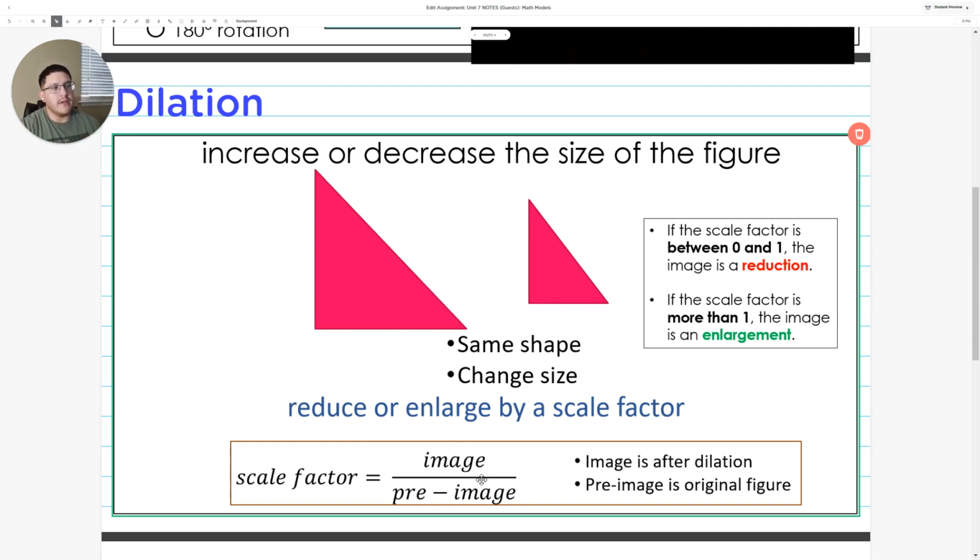You're then going to divide those measurements with each other, the image divided by the pre-image, and you will get a scale factor. That scale factor can be represented as a fraction, as a decimal, whatever. Could be as a percent as well. I don't know if you normally see that, but it could be represented by all those things.